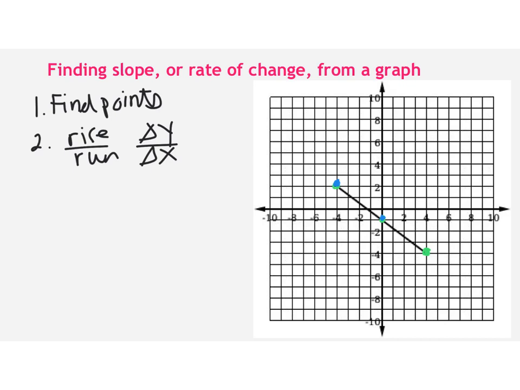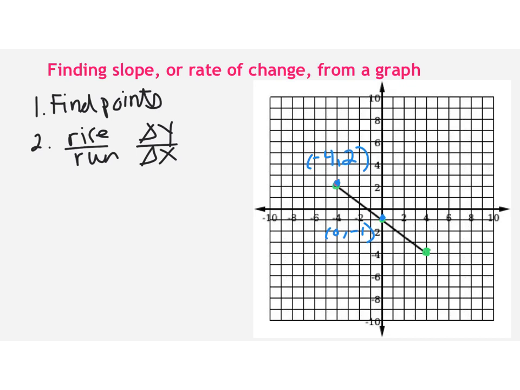So the first point I colored in, whoopsies, I want it to be blue, has an x value of -4 and a y value of 2. So that's going to be -4, comma 2. And then my second point that I chose to use has an x value of 0 and a y value of -1. So that point is 0, -1.